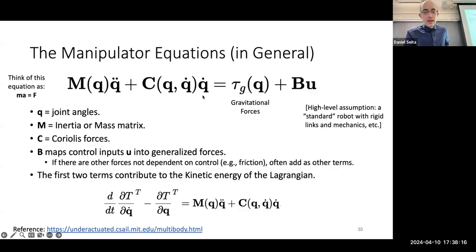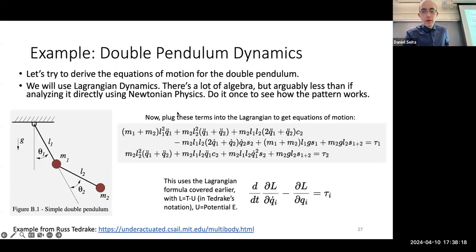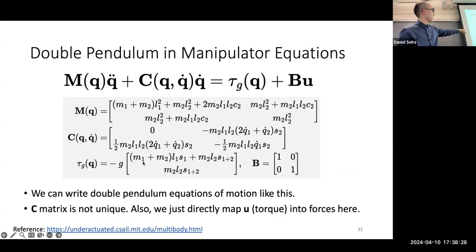So if you remember the equations of motion here, you can take the whole equation and plug them in here. And when you do that, you end up getting the same thing as earlier.